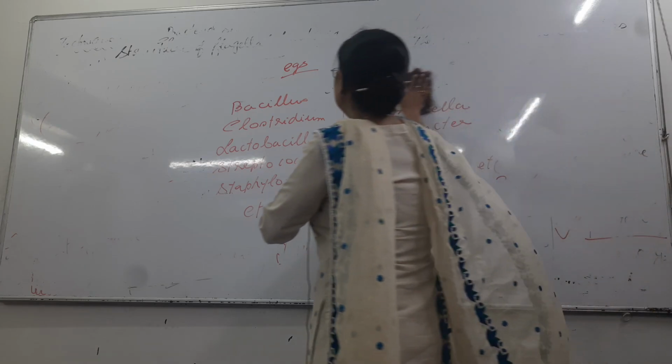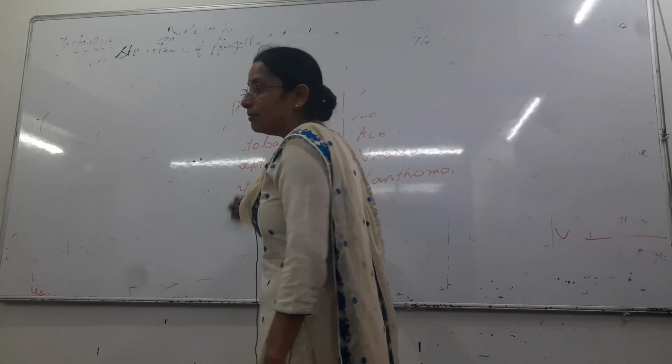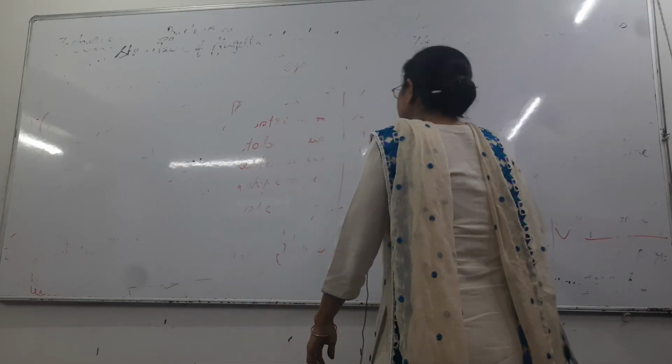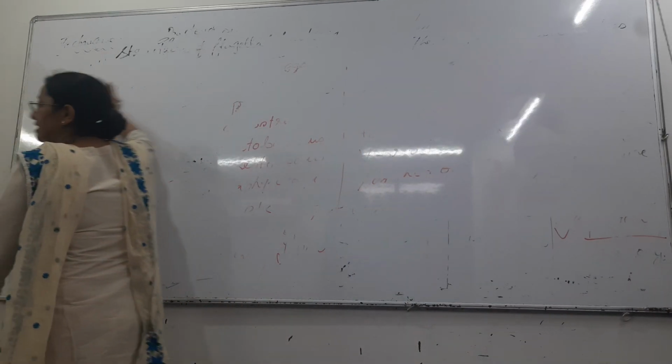So until now we have talked about the structure of the prokaryotic cell, the structure of bacteria. Next we will take up life processes. So write the heading: life process of bacteria.